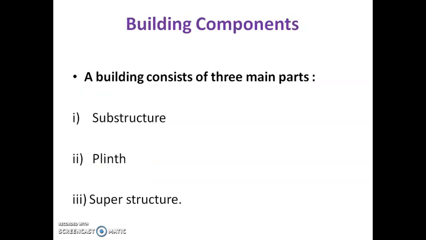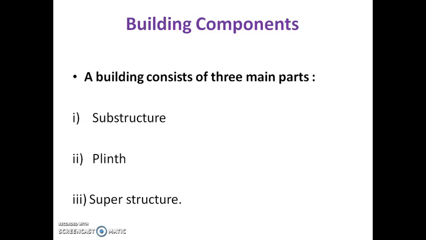Now various building components. Basically a building consists of three main components: substructure, superstructure and plinth. Substructure is the structure below the ground level, in contact with the soil below, which transmits all the load to the ground below.